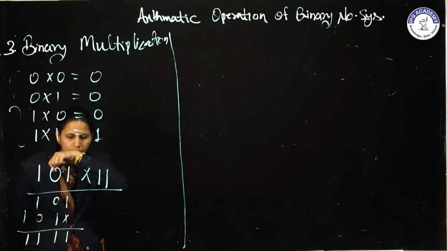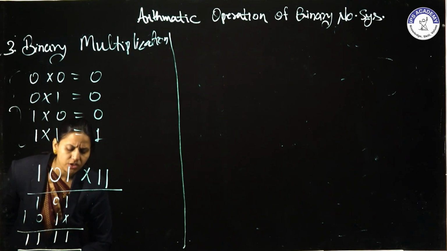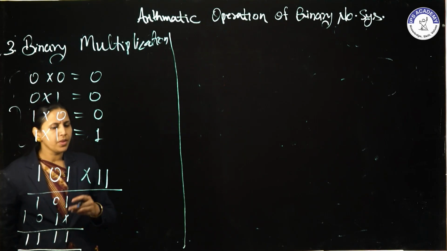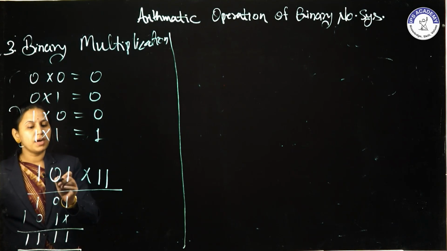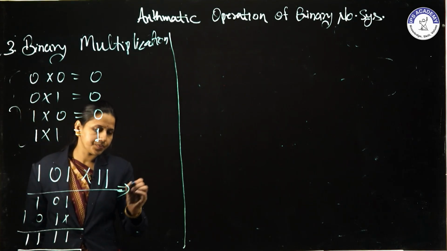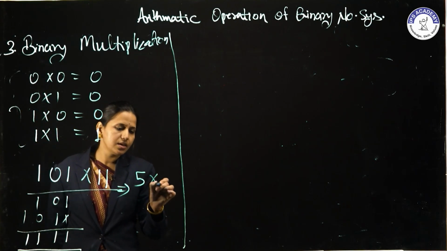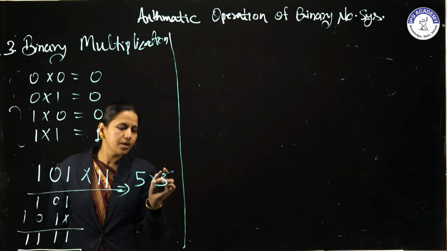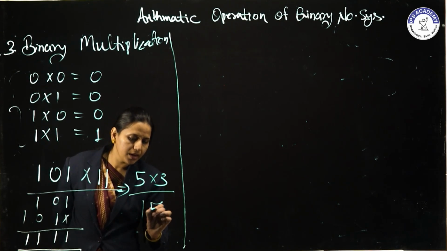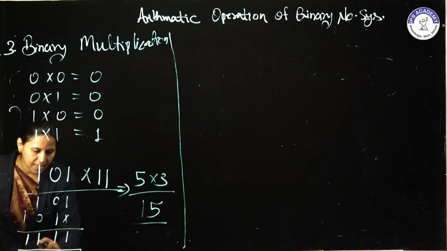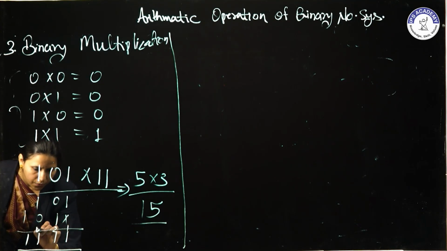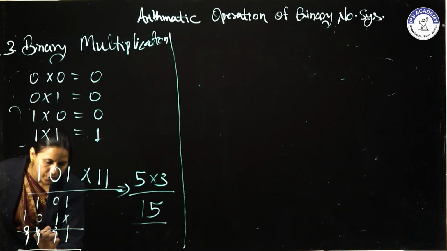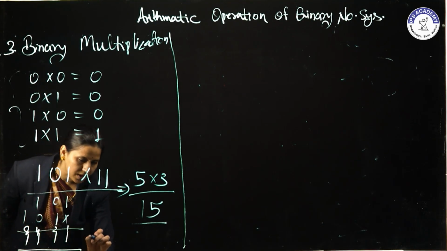We can cross check the result by converting this binary number into decimal. So 101 is 5 and 11 is 3. 5 into 3 will be 15. So check the resultant by using the concept of 1, 2, 4, 8. 8 plus 4, 12 plus 2, 14 plus 1, 15.